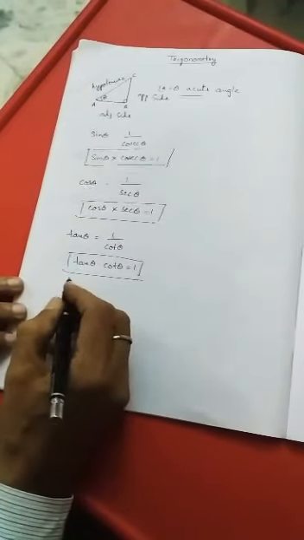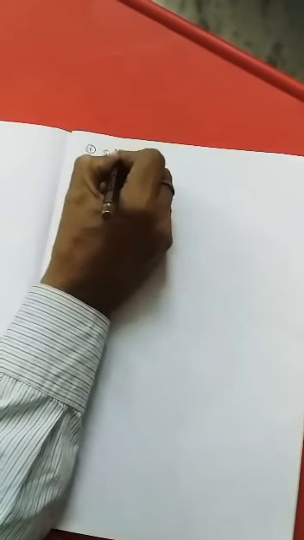Next we go to identities in trigonometry. We have 3 identities. The first identity is sin square theta plus cos square theta is equal to 1. Now we prove how sin square theta plus cos square theta is equal to 1.